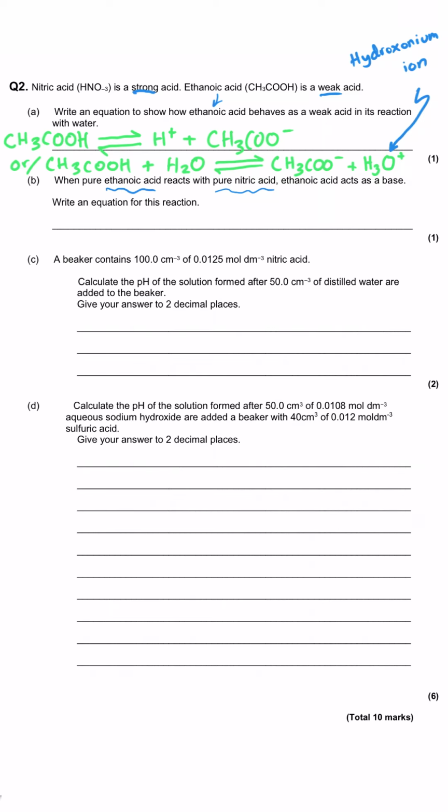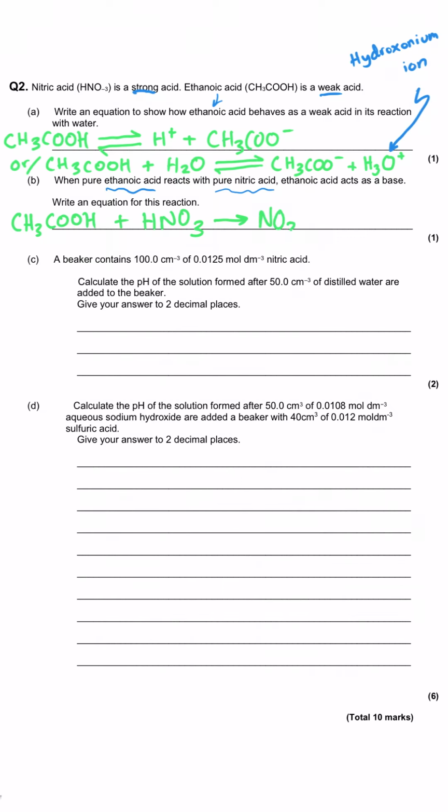And so all that we need to do to start this answer off is write out the formulae that we've been given of ethanoic acid and nitric acid, like so. And then we need to show what that's going to turn into. Now, the nitric acid is going to act as the acid, and the ethanoic acid is going to act as a base.